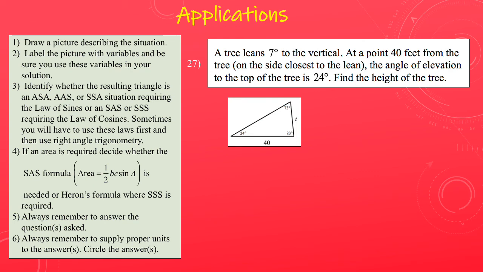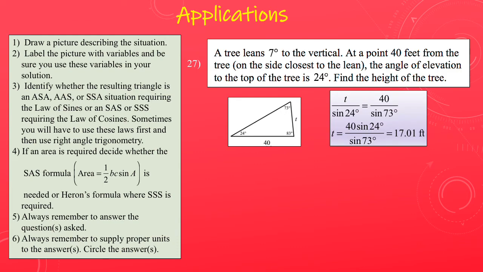We draw the picture showing the tree leaning, labeled by T. If it leans 7 degrees to the vertical, the angle of the tree is 83 degrees, and the angle of elevation to the top of the tree is 24 degrees from that point 40 feet away. That makes the remaining angle 73 degrees.